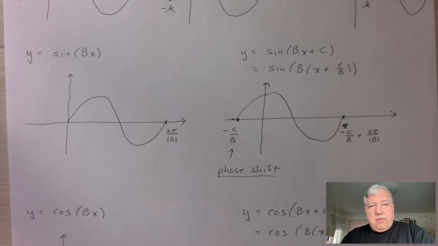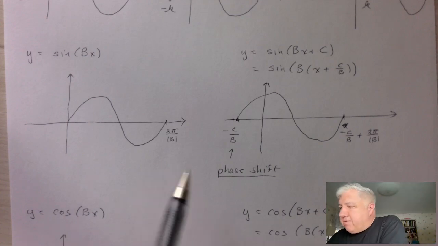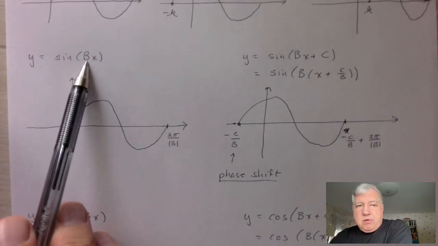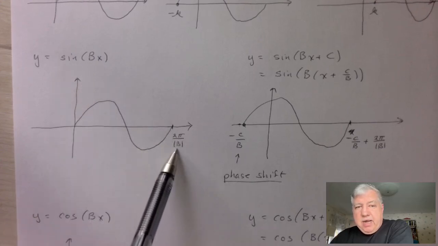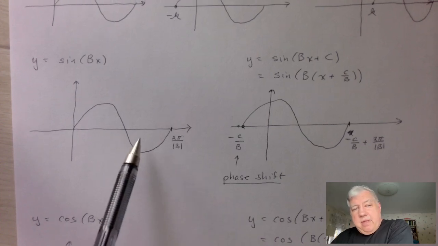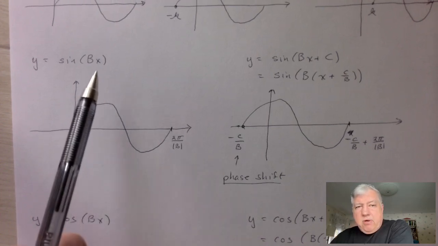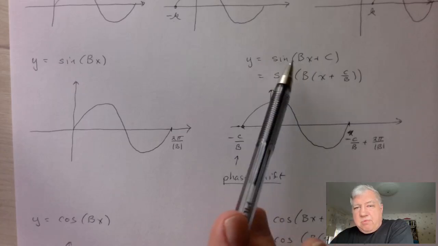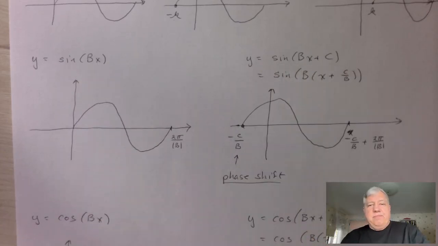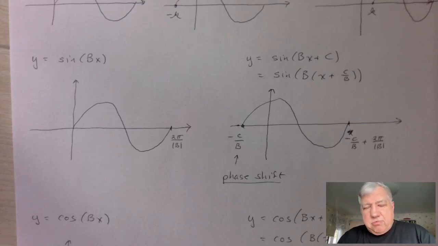Now if we take the sine of bx and we want to make a shift, first let's remember that this b determines the period. So the period of this one is going to be 2 pi divided by b. Now if we replace bx with bx plus c, we're not really shifting it c units, because we're not replacing x with x plus c or x minus c.